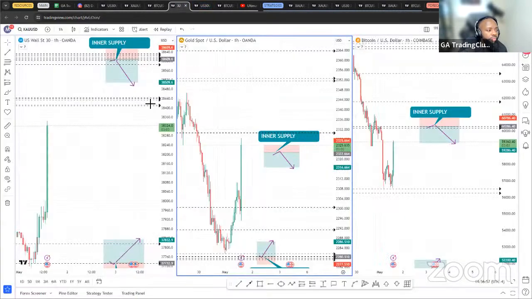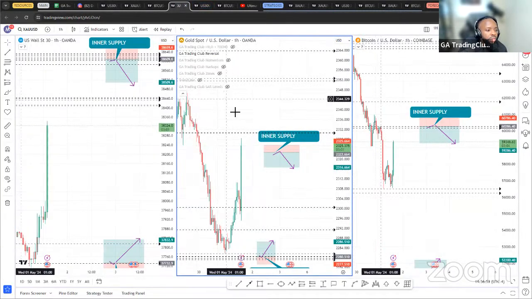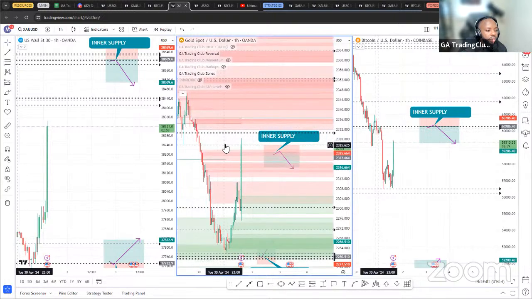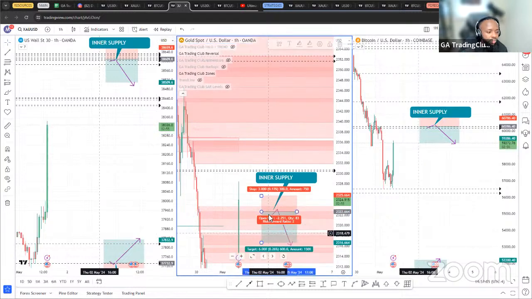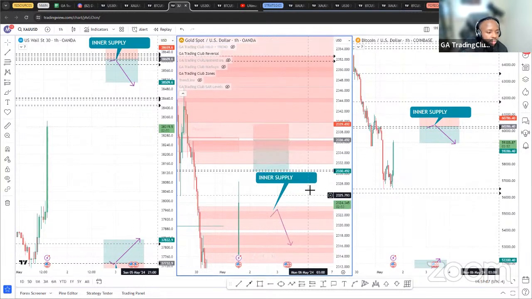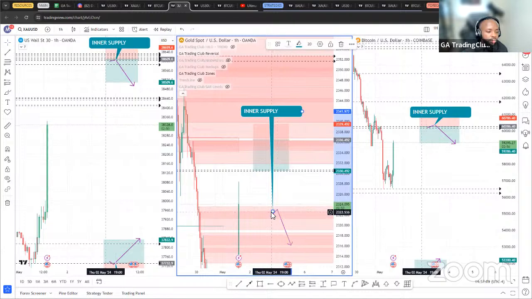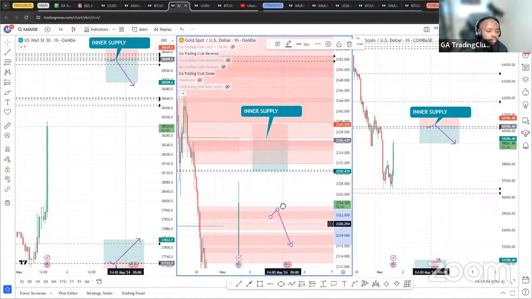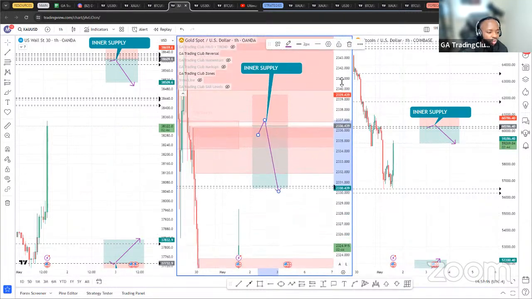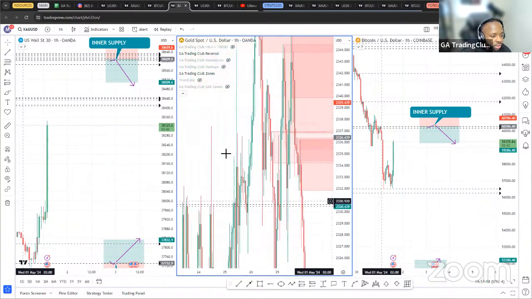Excuse me, hourly supply here. So we go ahead and move this up here. See if we can get one more. I think it will be that gold entry on the hourly.